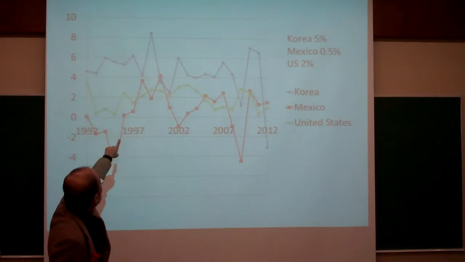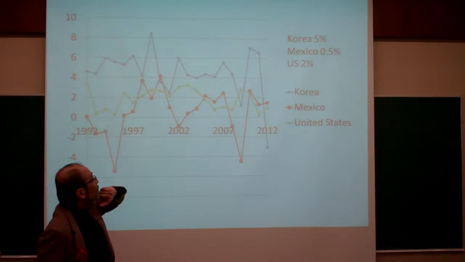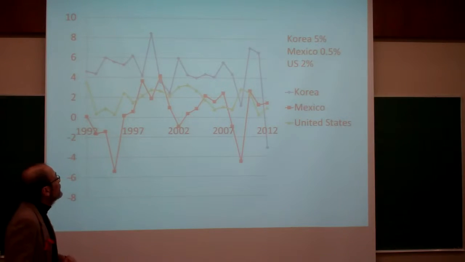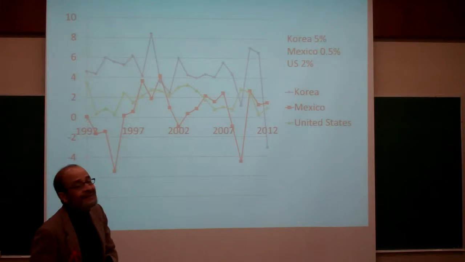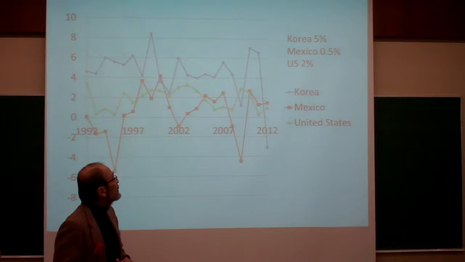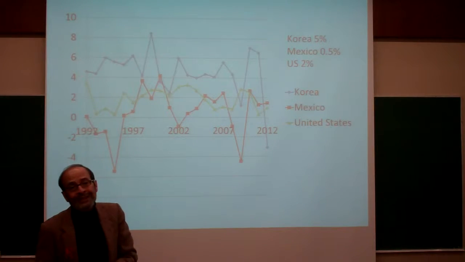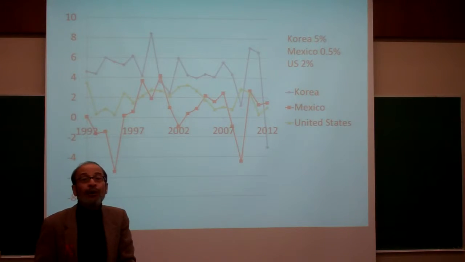The red line there is that of Mexico, the blue line that of Korea, and the green line that of the US. So here's the summary on the top right hand side of my slide. It says the productivity growth of Korea over the last 20 years has been averaging about 5%. In the US it has been averaging about 2%. In Mexico it has been averaging about 0.2%.